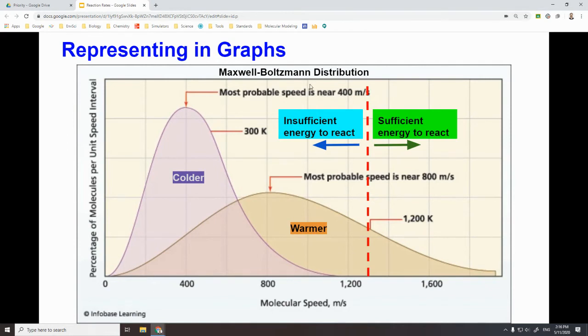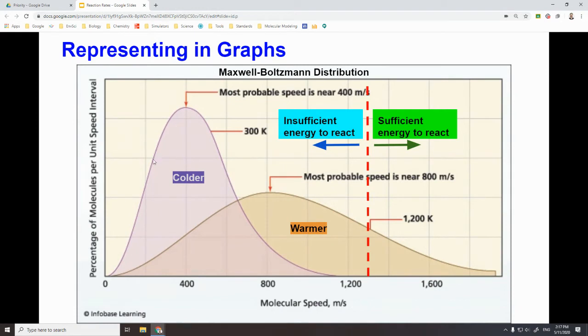This is called the Maxwell-Boltzmann distribution, and what it's showing us is the molecular speed or kinetic energy, and we're comparing that to the number of particles present.